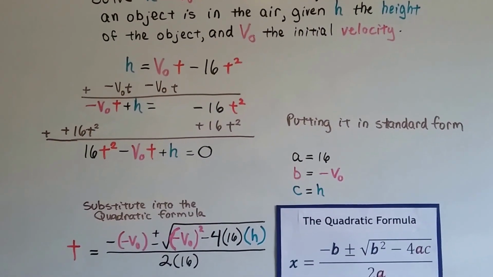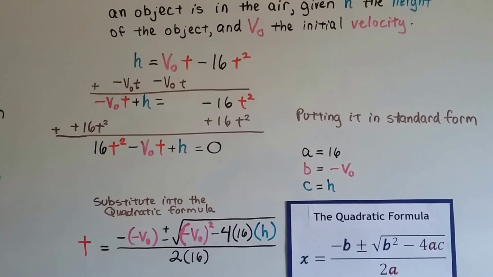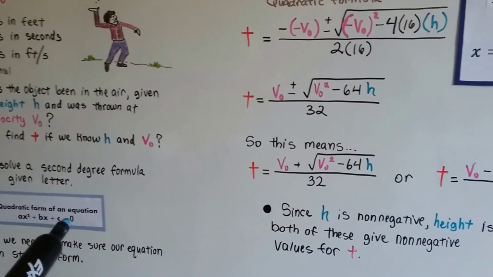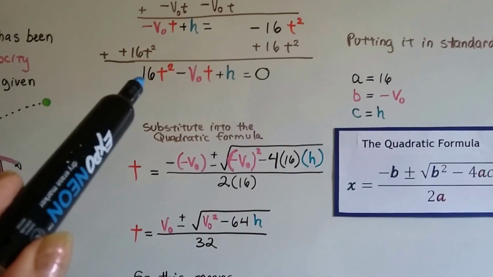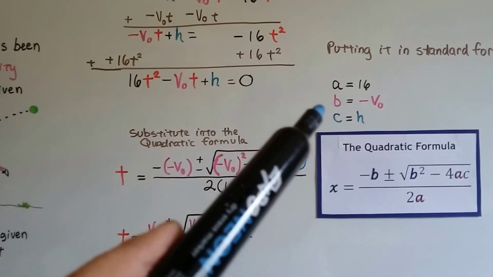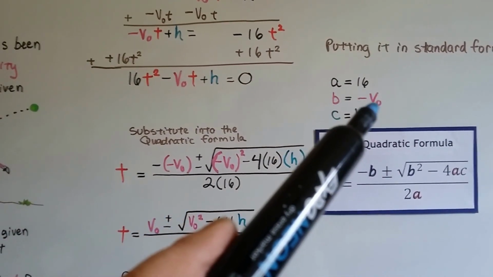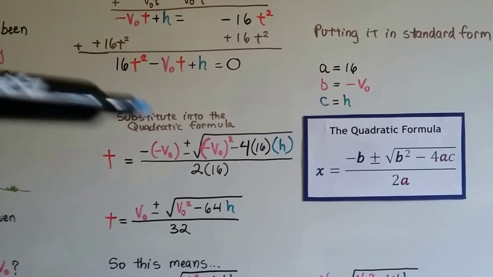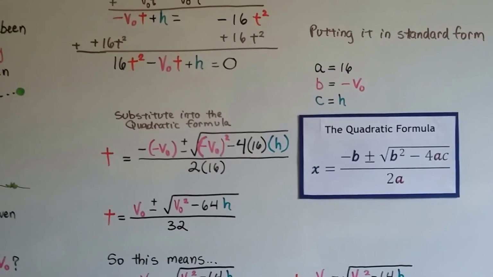Now, if this were a quadratic equation, like ax squared plus bx plus c equals 0, this would be our a, this would be our b, and that would be our c. So our a is 16, our b is a negative v sub 0, and our c is the letter h. And we can substitute and plug these into the quadratic formula.